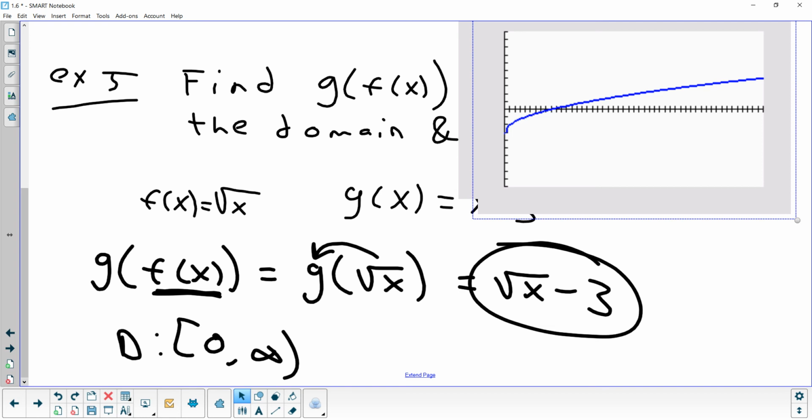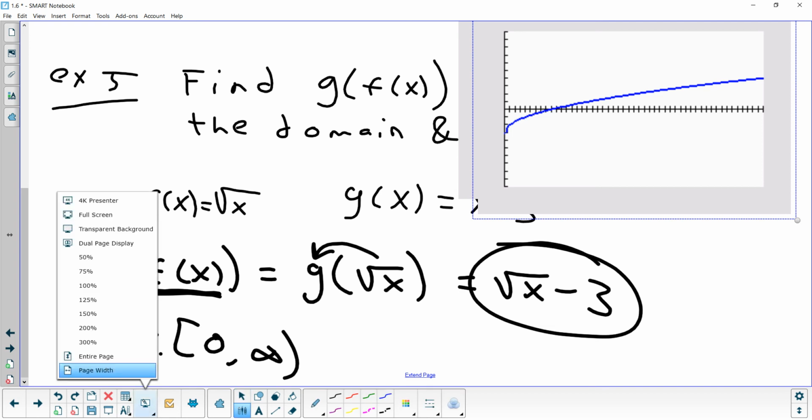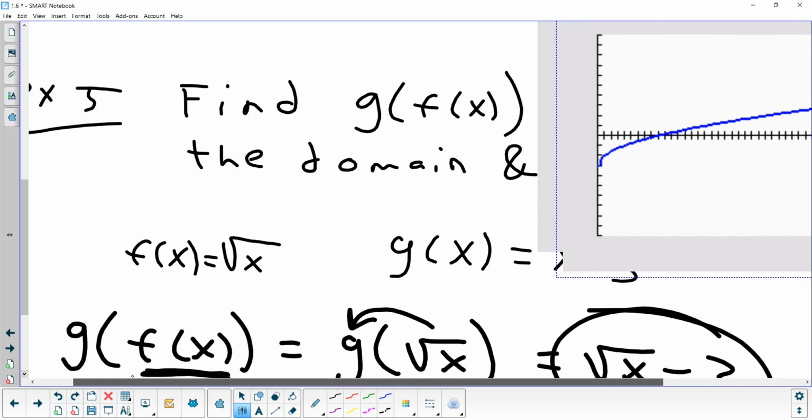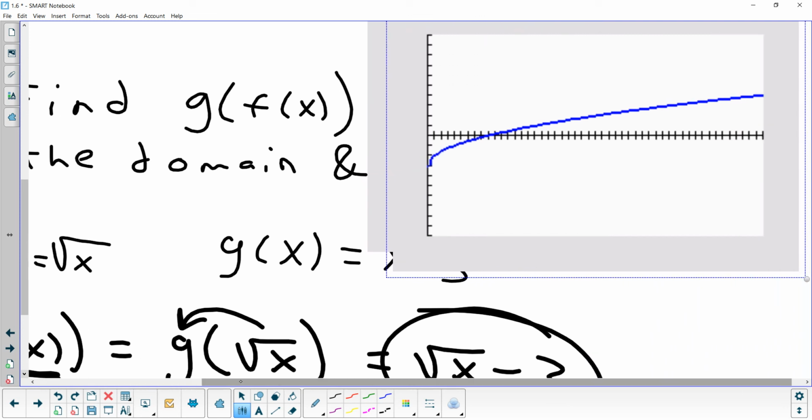Can anybody tell how low the graph goes? What is the lowest it looks like it ever goes? Matt? -3. Yep, it does go as low as -3. And then how high is it going to go? Yep, forever. Perfect. It's going to just keep going up forever because a parabola never stops getting wider and wider.